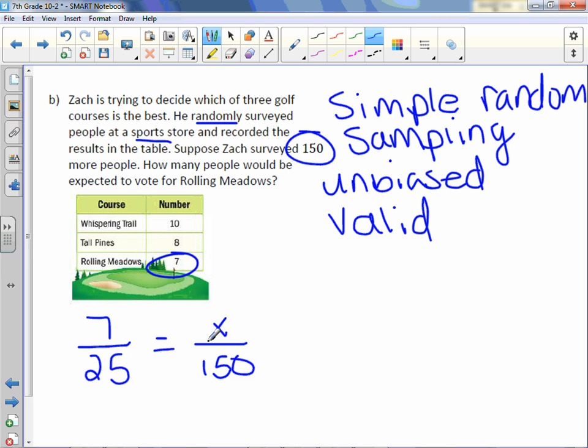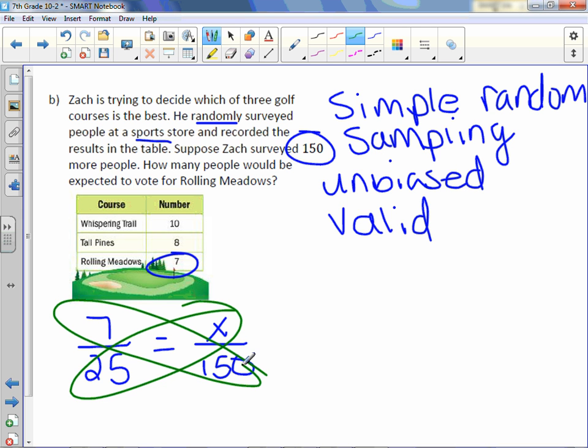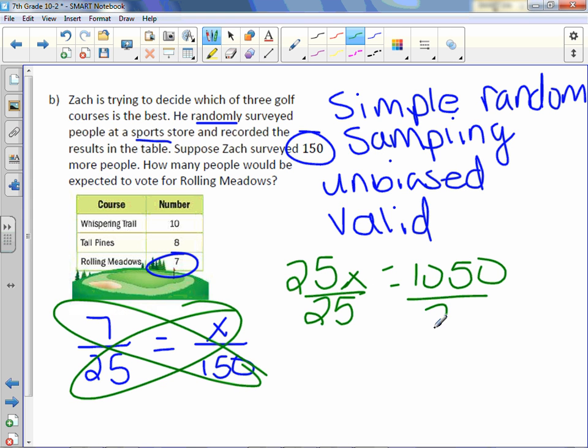So 150 in the denominator, x up top, cross multiply, 25x equals 150 times 7 is 1050. Divide by 25. And we get 42. And it is people.